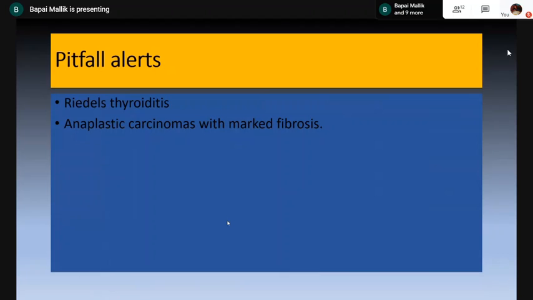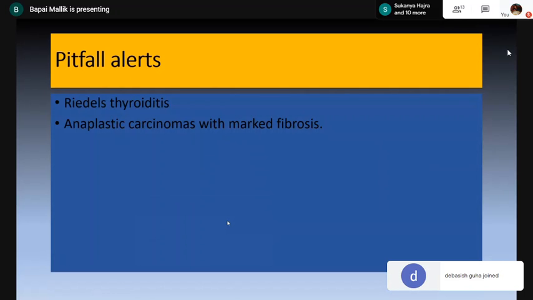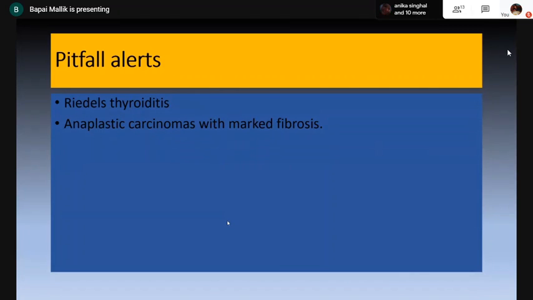Other pitfall alerts. Thyroiditis can give rise to extremely paucicellular aspirates, but the most important are anaplastic thyroid carcinomas, which are very fibrotic, and they can give rise to absolutely no cells at all, just some blood, a few fibrous tissue, and maybe 1 or 2 atypical-looking cells. So please pay attention.